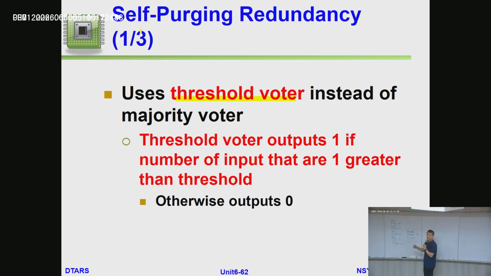So you will find a very bad result because this voter thinks these 2 ones are correct. So this will be used to switch off this one, this one, and also this one. This is the most serious, the worst case of these methods. These 2 failing modules will be used to turn off the good modules.